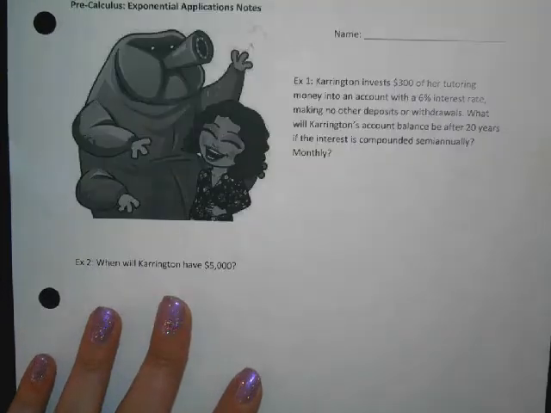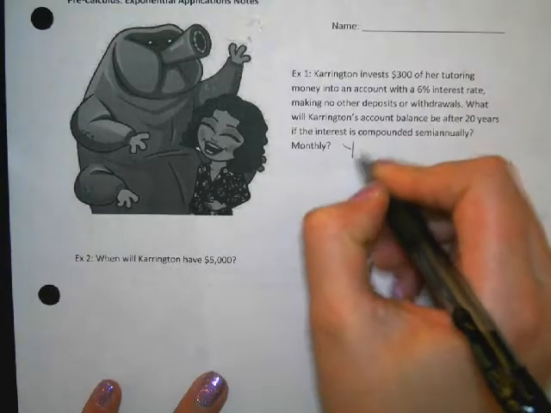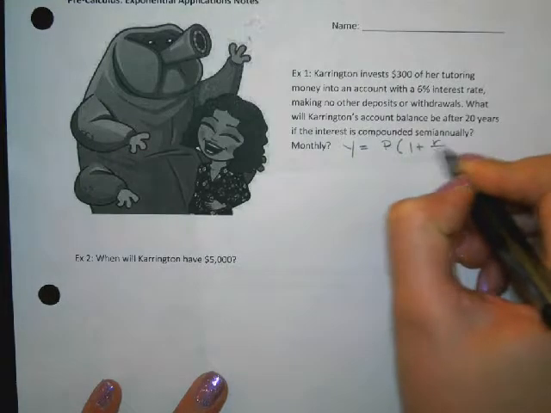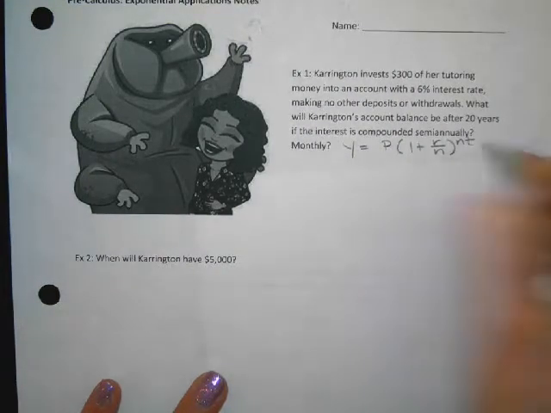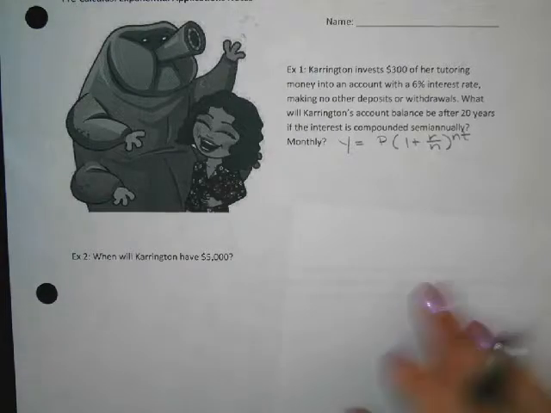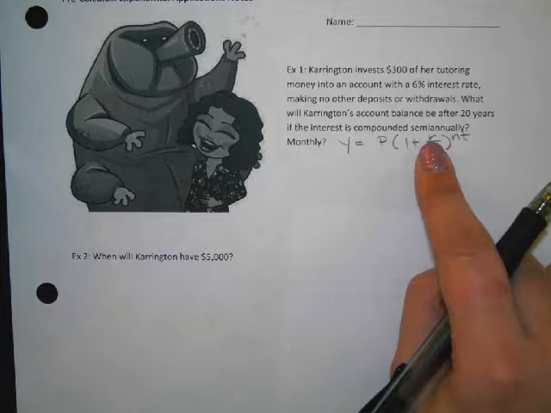Perfect. All right, so the formula that we are using for this is y equals p times 1 plus r over n to the nt. The p value is the initial amount or the principal amount. That's $300. The r value is the rate of the interest, which is 6%, so we're going to plug in 0.06.